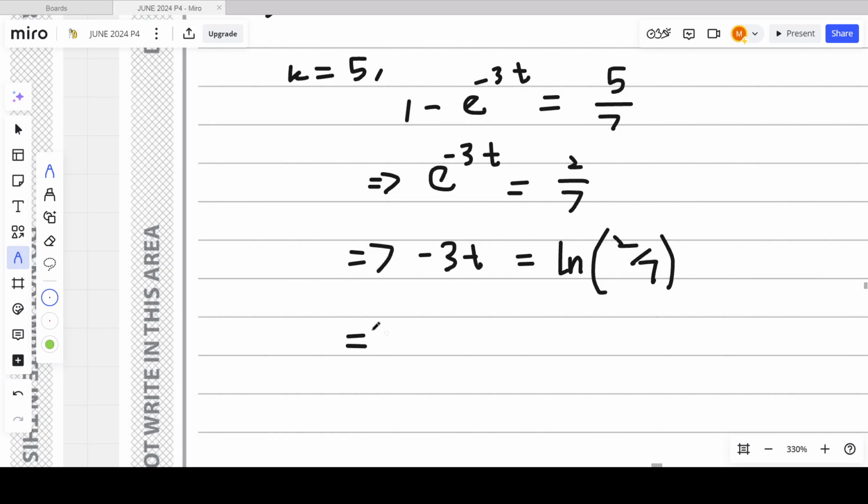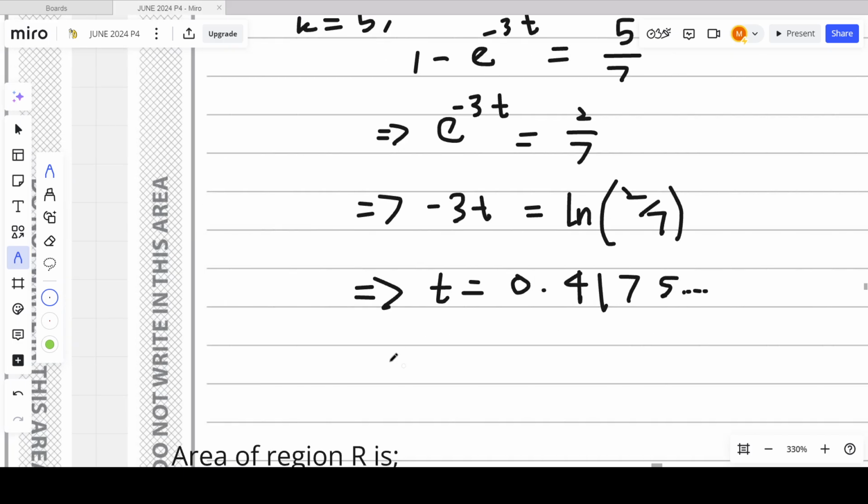Next, make t the subject and find the value for t. ln 2 over 7 is negative 1 point something. Divide by negative 3, it would give you 0.4175 something.